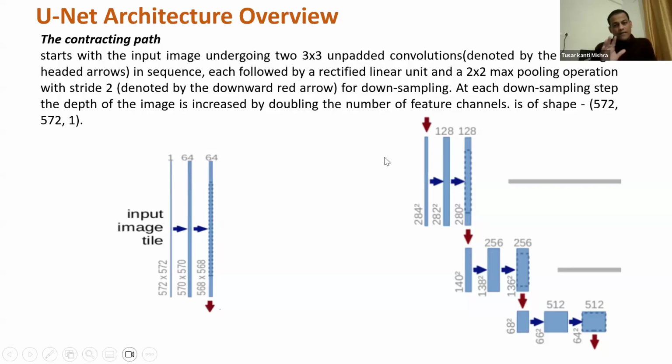The pooling operation can be user specified, it can be another type of pooling also. Now the stride is 2, and for downsampling, on the right hand side we have a downsampling representation. The depth of the image is increased by doubling the number of feature channels.